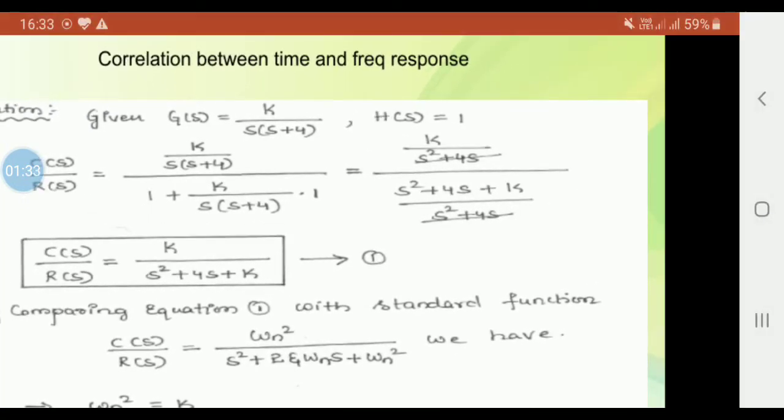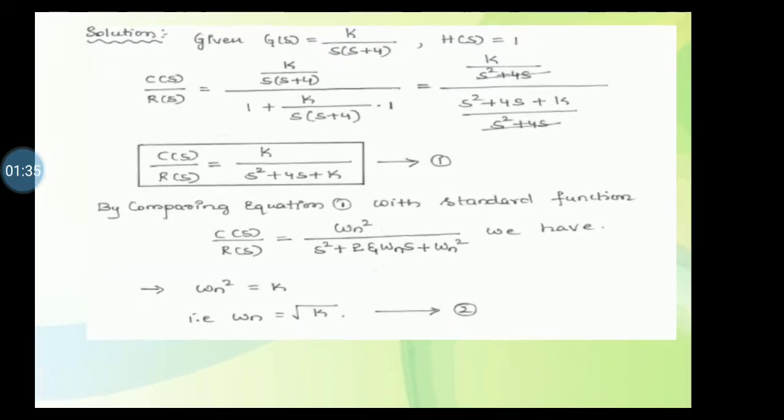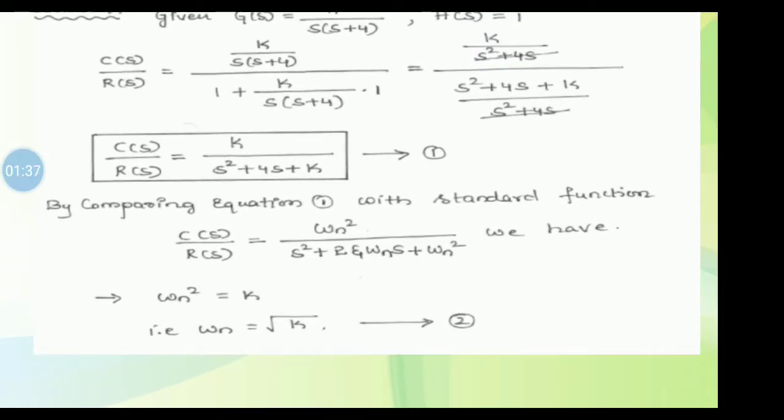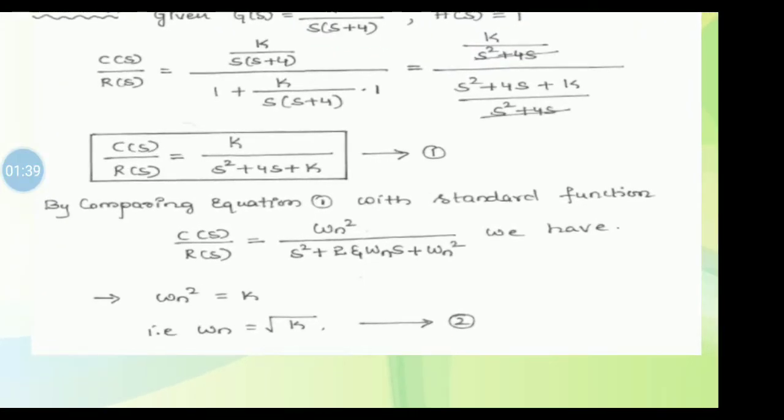Comparing equation 1 with the standard function, C of S by R of S is equal to omega n square by S square plus 2 damping ratio omega n S plus omega n square. We have omega n square is equal to K. Due to that, omega n will come equal to root of K. I'll take this as equation 2.